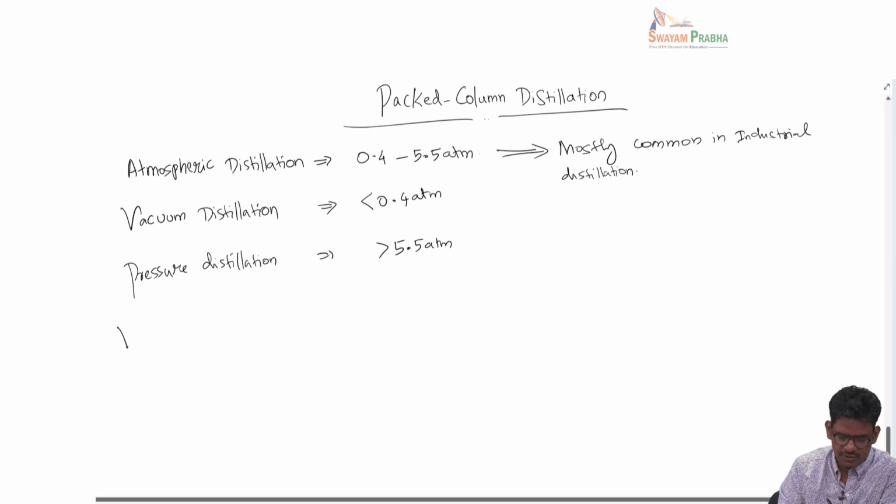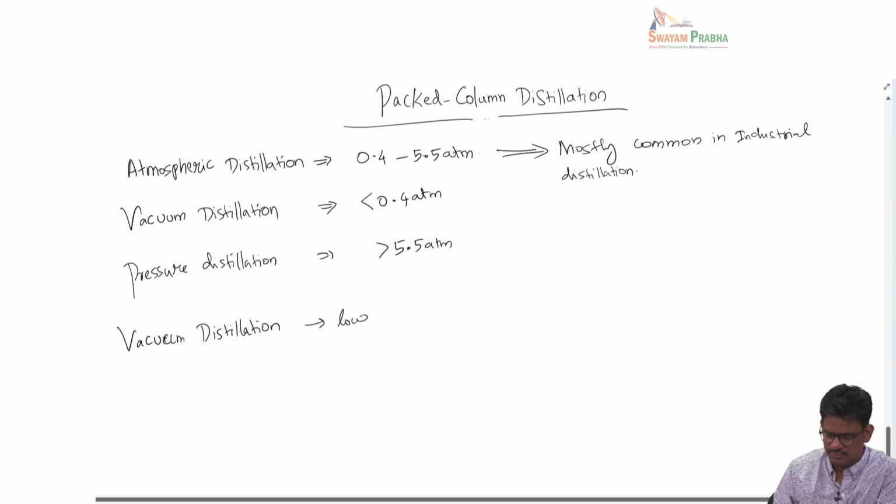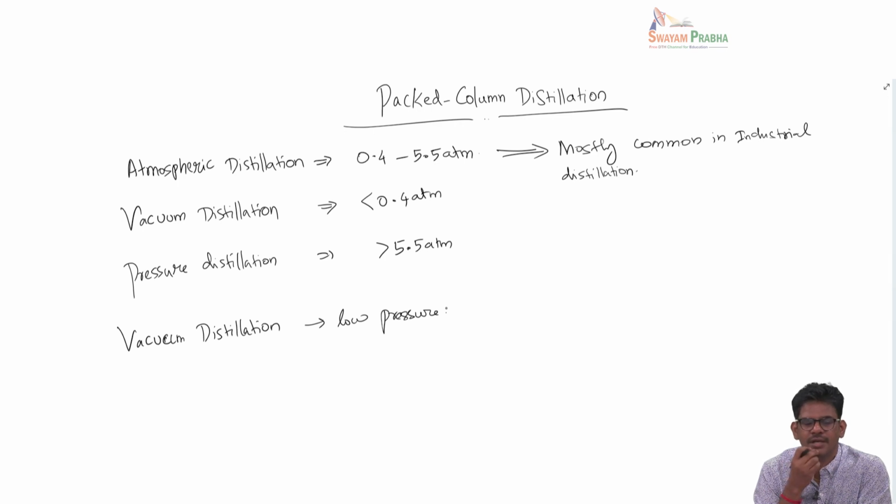Now, if you talk about vacuum distillation, which basically means that we are operating under low pressure, the main objective is to reduce the boiling point of the boiling mixtures. For pure components, we know that when we reduce the pressure, the corresponding boiling point also decreases.